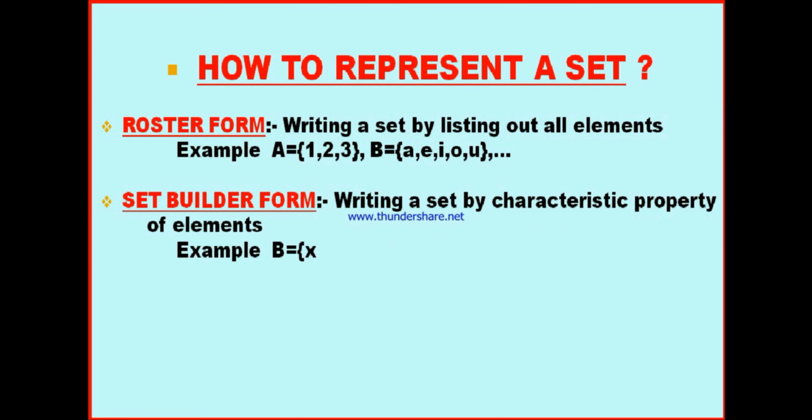Look at this example. In the first case in roster form, you wrote B is equal to the set A, E, I, O, U. We listed all the elements that belong to B. Therefore it is list form or roster form.